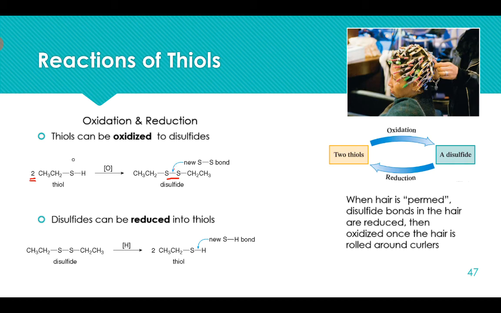So this sulfur here was originally bonded to a hydrogen, and now it's bonded to an S. And so this sulfur is oxidized because it's forming more bonds to sulfur and fewer bonds to H.